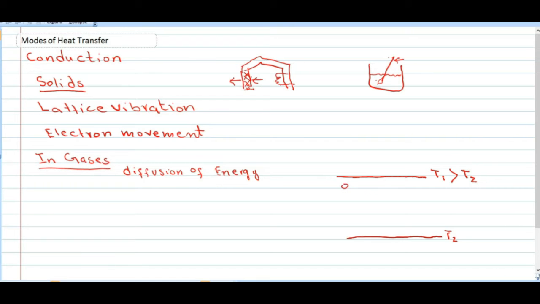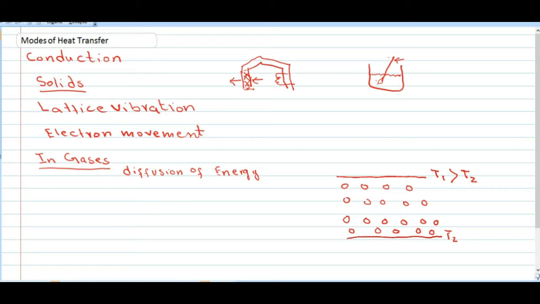There are molecules of gas present between the plates. The molecules present close to the hot plate are at higher temperature, and they have more energy than those molecules which are present over the cold plate.